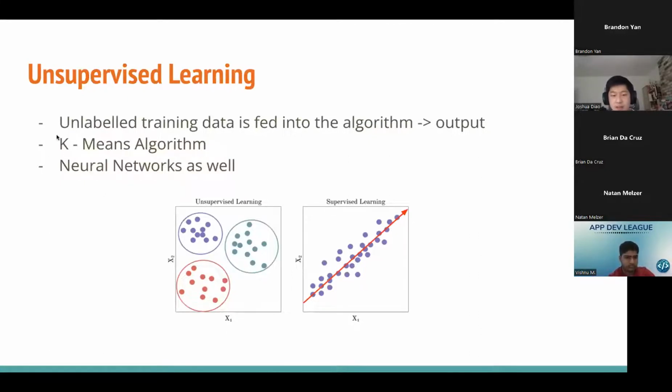Here is a brief differentiation of unsupervised versus supervised learning. In supervised learning, we're just trying to find a good hypothesis that lines up with our data. In unsupervised learning, we're giving a bunch of unlabeled data and we want the machine to somehow figure out any patterns or group them up.